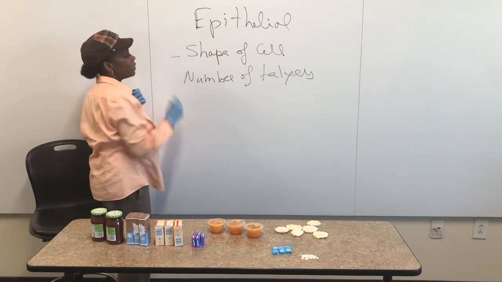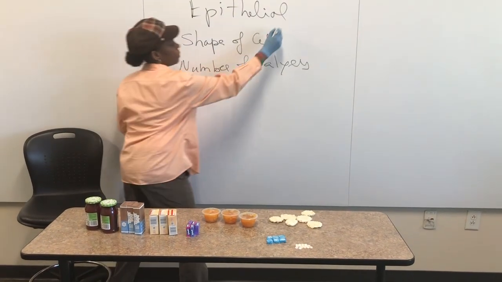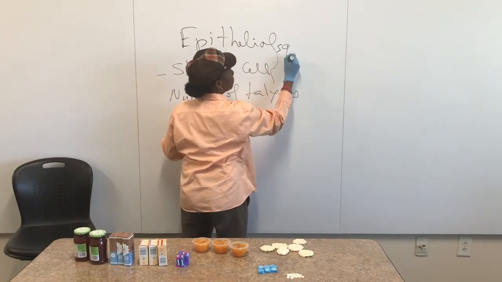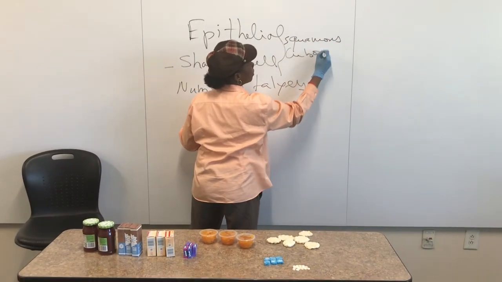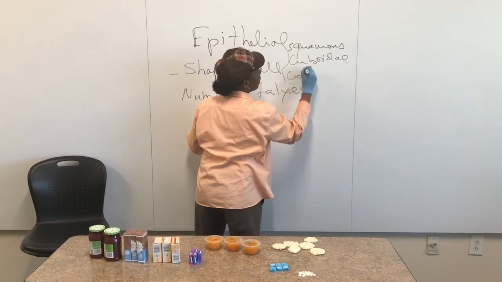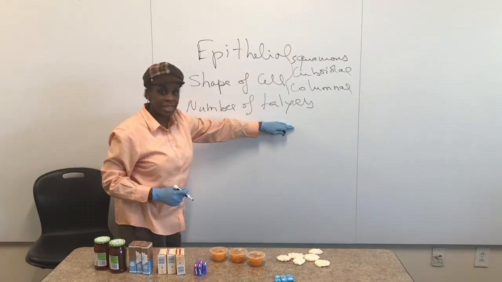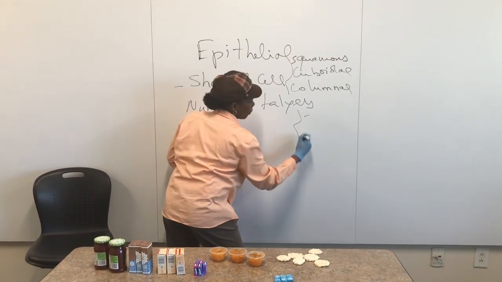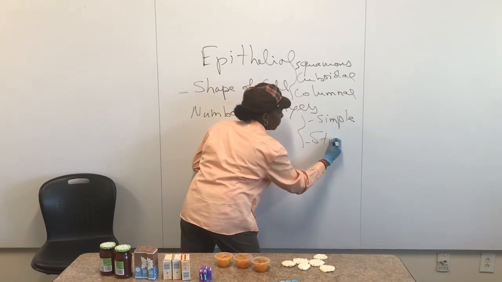Based on the shape of the cell, we have three kinds: squamous, cuboidal, and columnar. Based on the number of layers, we have either simple or stratified.